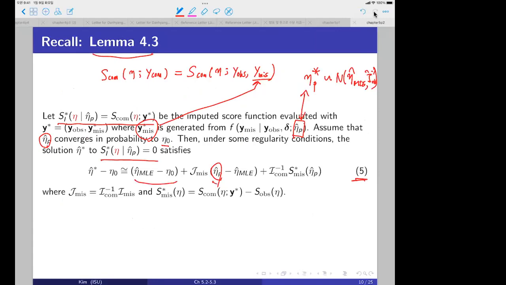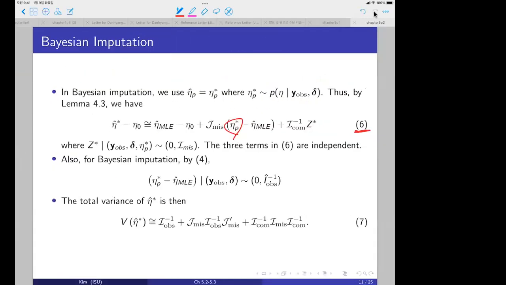This one is the extra variance increase due to using an inefficient estimator. And the third one is the additional variance due to the randomness in imputation, right? Here it's the same story. We have three terms.